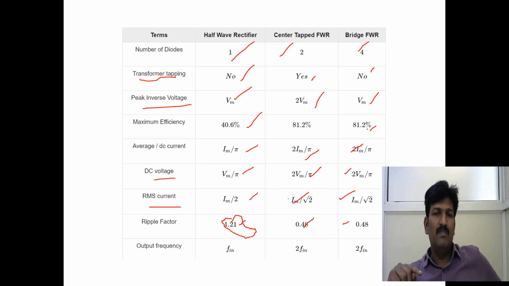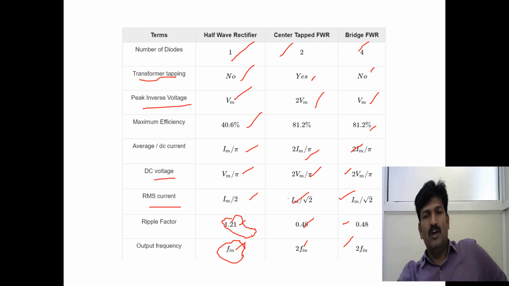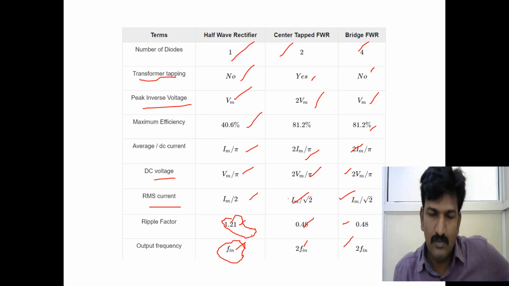If there are no ripples, you can understand that the conversion is good and the conversion efficiency is good. That's what I mean to say. Output frequency is f, 2f, and 2f, which depends upon the cycles that are allowed to provide the output signal.